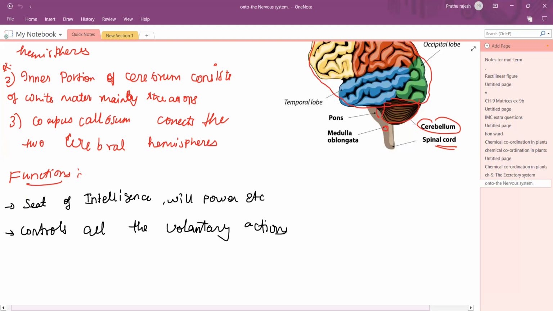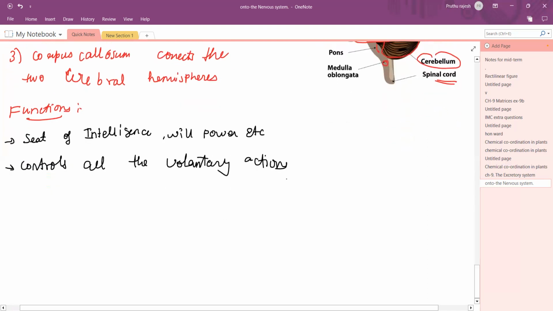Next, let us move on to the next part, which is the cerebellum. This brown color part is called the cerebellum. Cerebellum is much smaller as compared to the cerebrum, and it is located at the base of cerebrum.